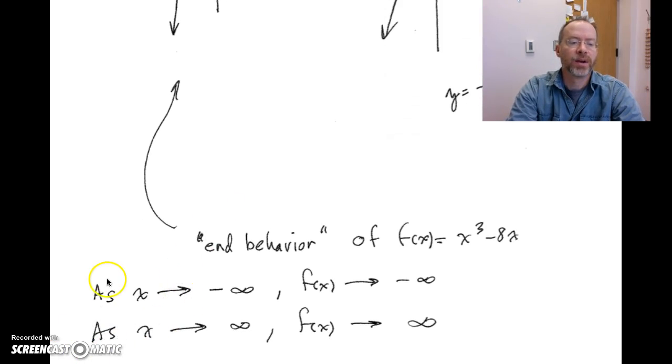It's kind of like limit notation. We'll say, looking at this function, the end behavior is that as x goes to negative infinity, and the arrow here you can read as goes to, as x goes to or as x approaches negative infinity, f of x goes to or approaches negative infinity. Well, what's that mean?